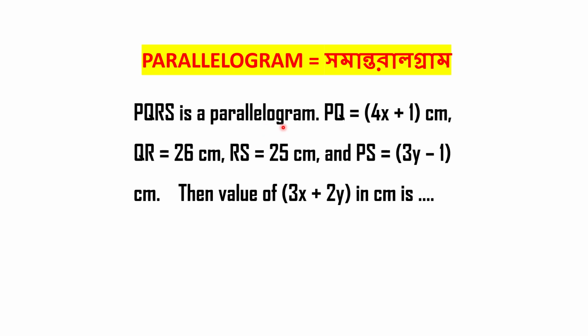PQRS is a parallelogram. PQ equal to 4x plus 1 centimeters. Of course, all are in centimeters. PQRS is a parallelogram. PQ এর length, PQ is 4x plus 1, QR 26, RS 25, and PS 3y minus 1.